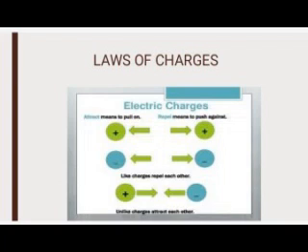First one, see the picture. Plus plus means they will push away. Minus minus, they also push away. The third one, plus and minus attract each other. So the third law is opposite charges attract. Like charges repel each other, and opposite charges attract each other.